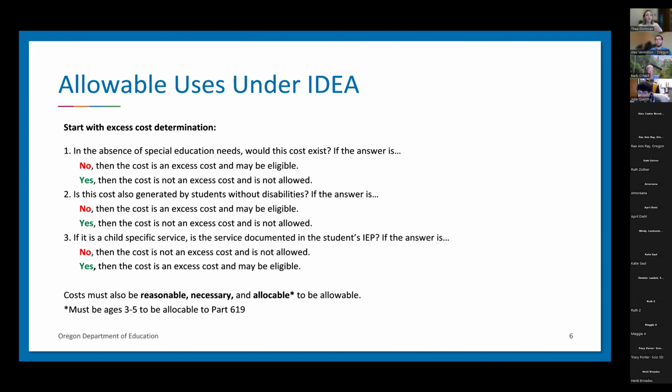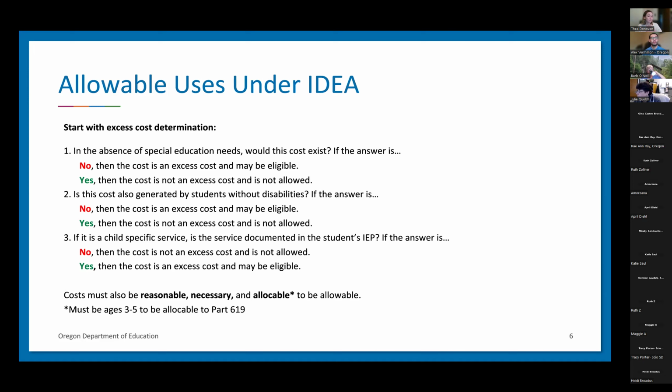You're not buying a gold-plated, jewel-encrusted stander for the student. That would probably be unreasonable. But getting a student what they need, even if it's above your basic level of equipment, if it's documented in the student's IEP that they need this specific piece of equipment, whatever it is, then it's reasonable.